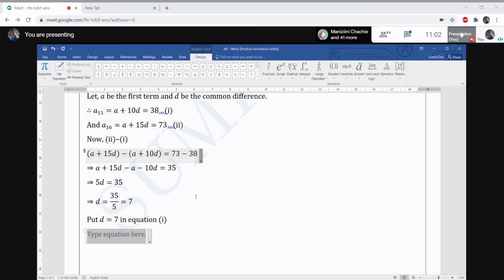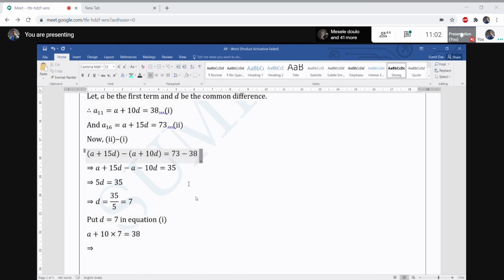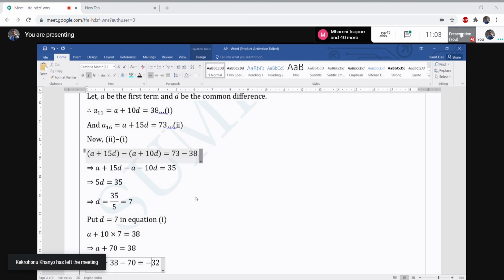So we'll get a plus 10 into 7 equal to 38, which is a plus 70 equal to 38, so a equals 38 minus 70, which is minus 32. Okay, a is minus 32.